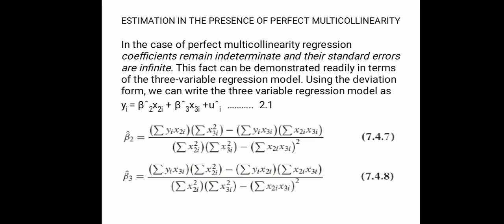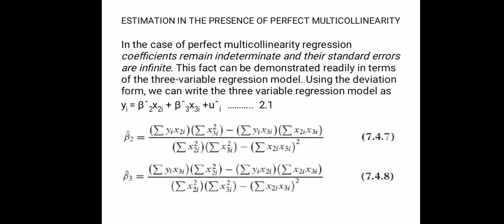In perfect multicollinearity, regression coefficients remain indeterminate because of the correlation, and their standard errors are infinite. This fact can be demonstrated readily in terms of the three variable regression model.